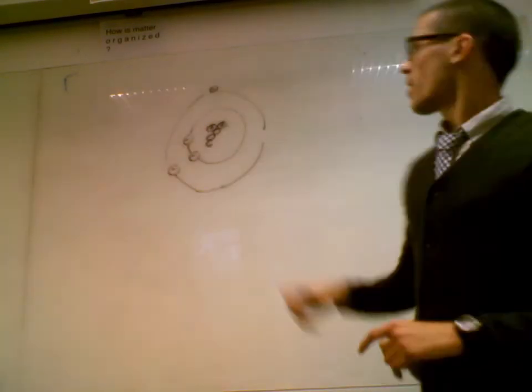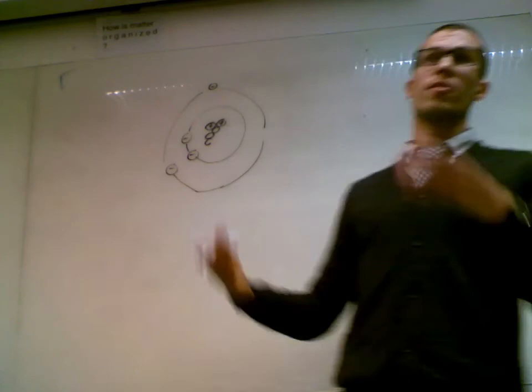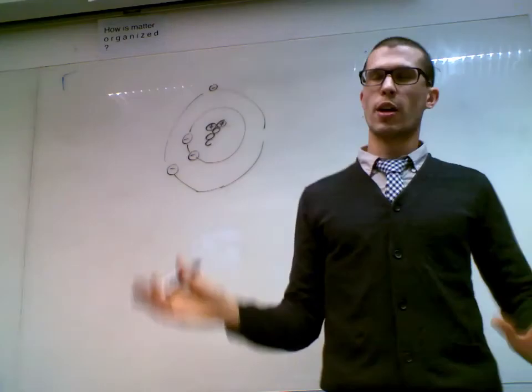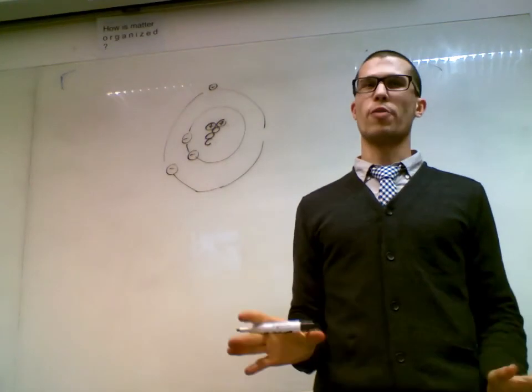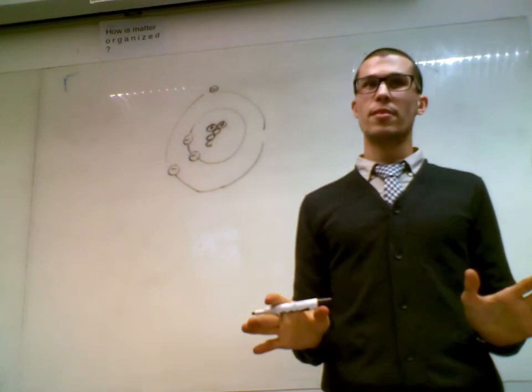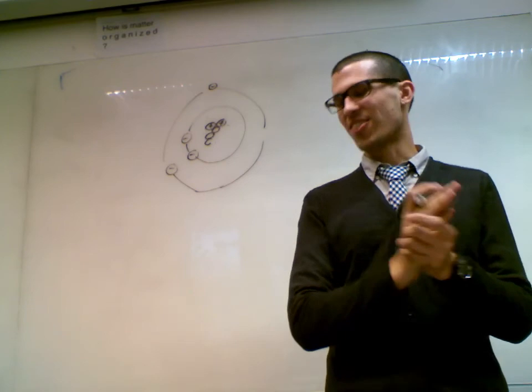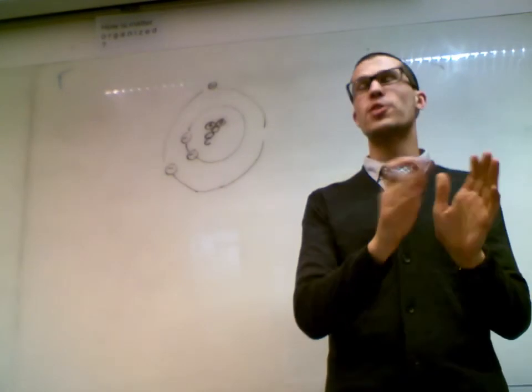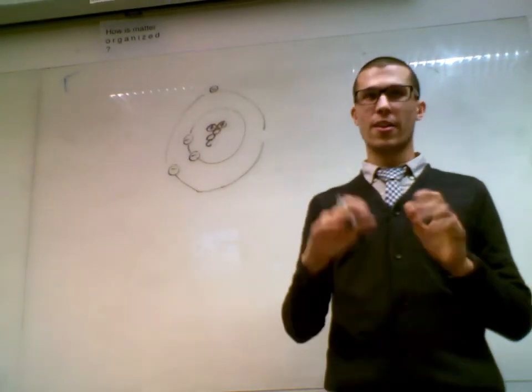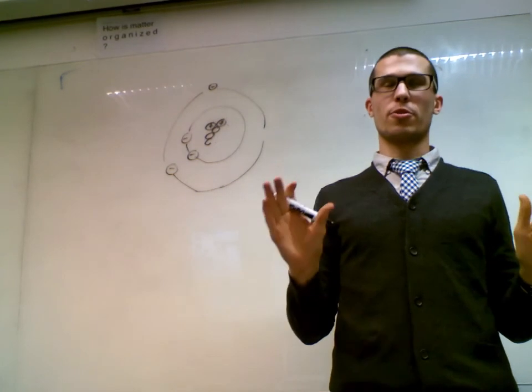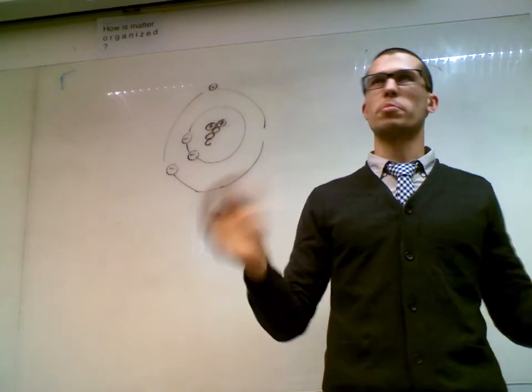Alpha is weak because it's stopped by paper, air, whatever. It's very weak. You know that. Beta, yes. So alpha is stopped by paper or air, a very weak sort of particle. Those are the two things that you could possibly have on a test.